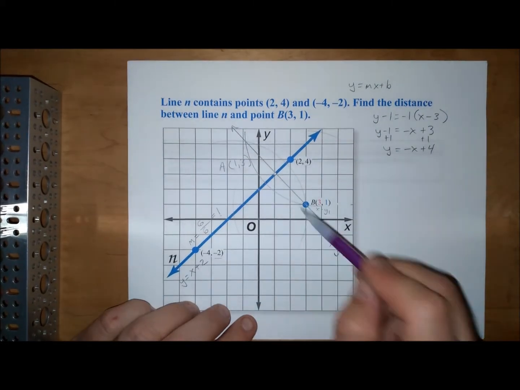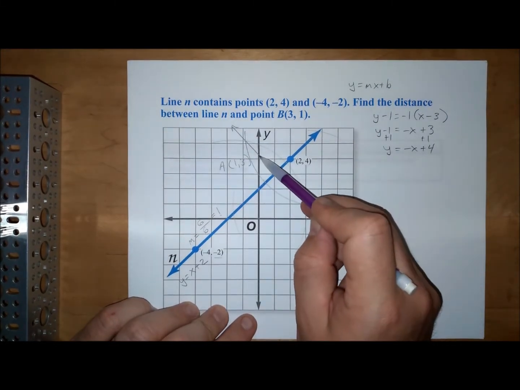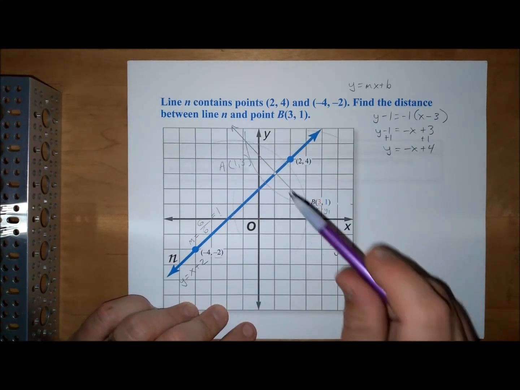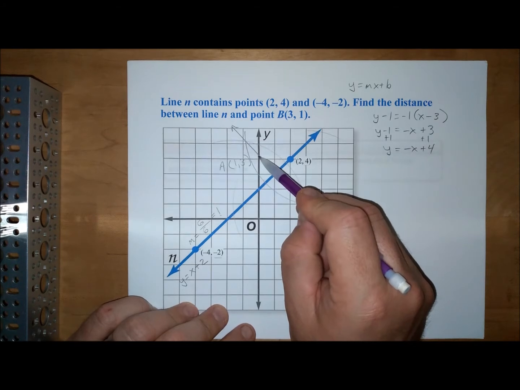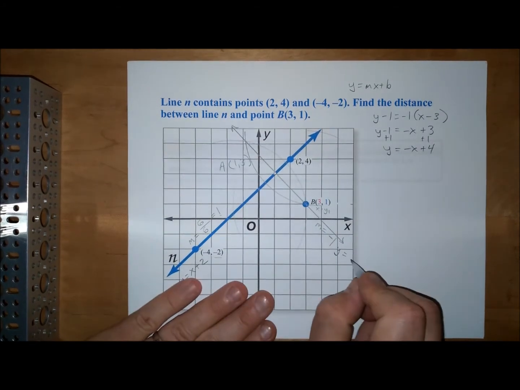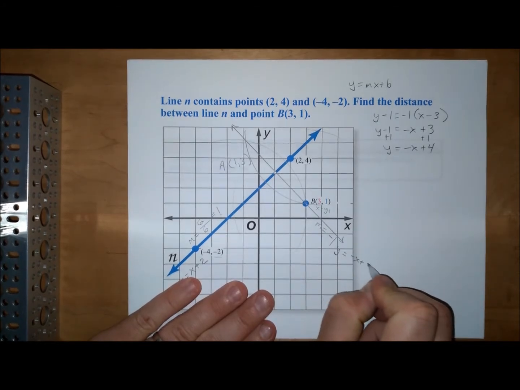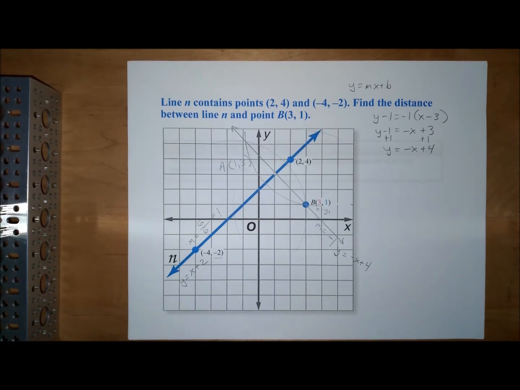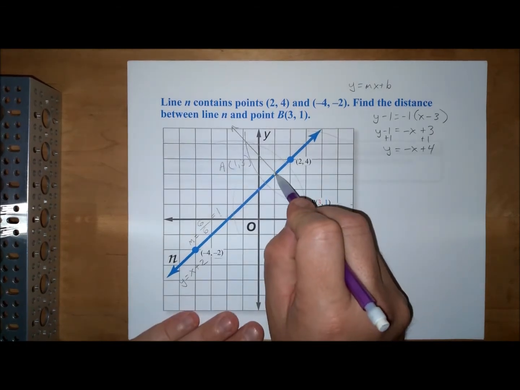Okay, and you can see that our graphical solution here isn't perfect. Another reason why you may want to go to algebraic solutions, because our graphical solutions are not always perfect. All right, so if this is y equals negative x plus 4, and this is y equals x plus 2, how do I find where they cross each other?